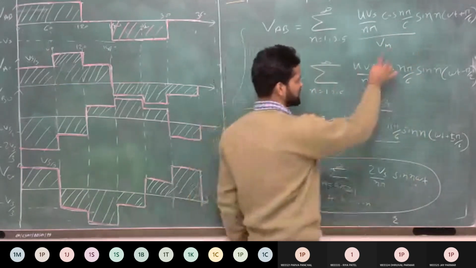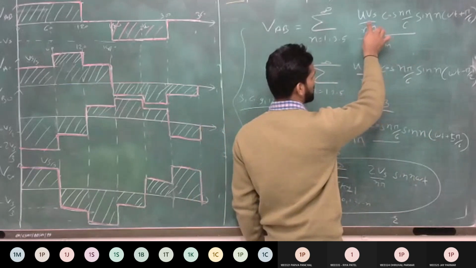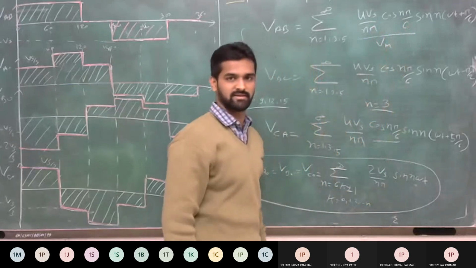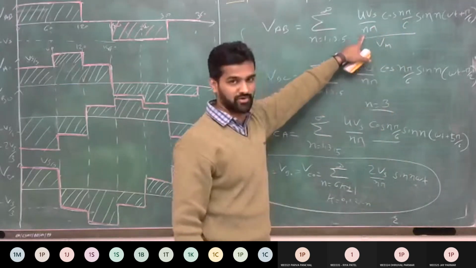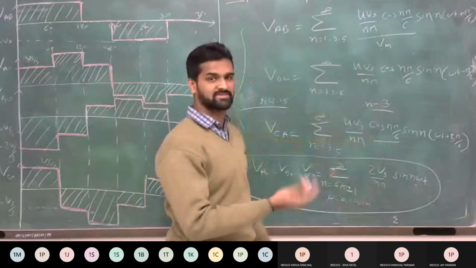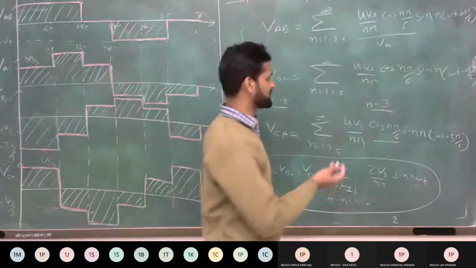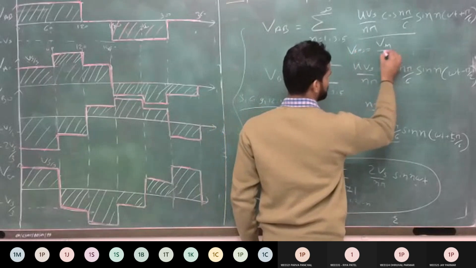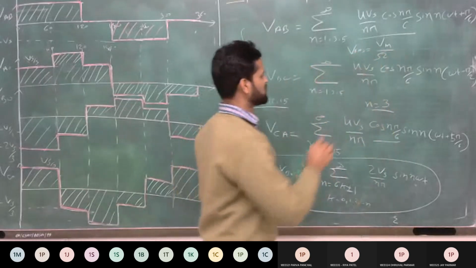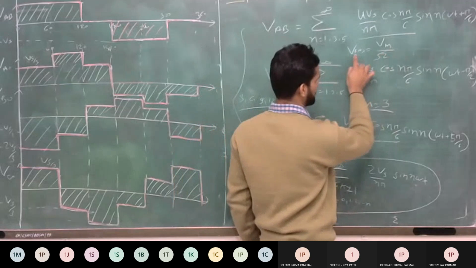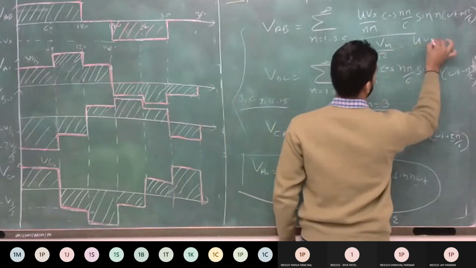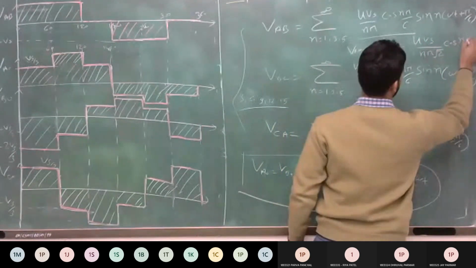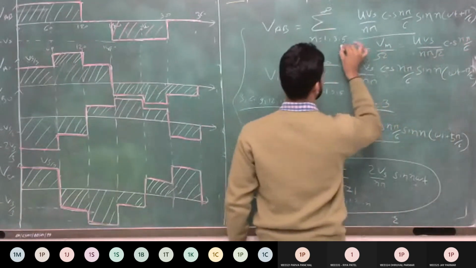So the peak value of your line voltage is 4 Vs by n pi into cos n pi by 6. This is the peak value of the nth harmonic component. We require the RMS value of the nth harmonic component. What is the RMS value? Peak divided by root 2. So the RMS value of the nth harmonic component is equal to 4 Vs by n pi divided by root 2, into cos n pi by 6.